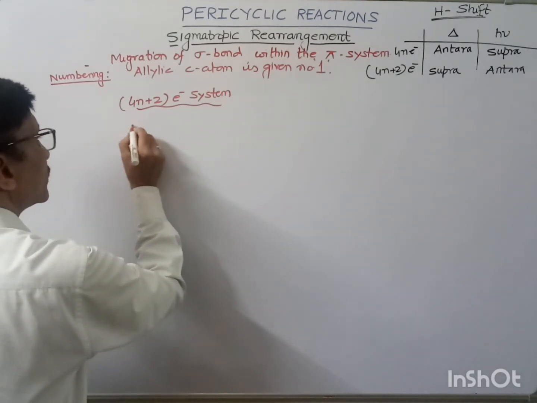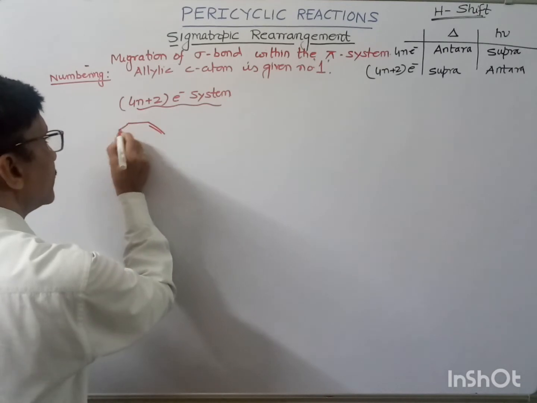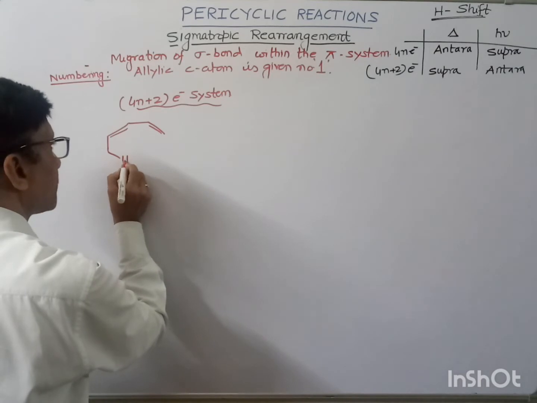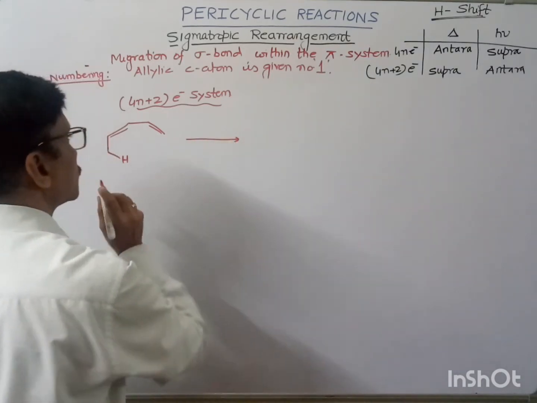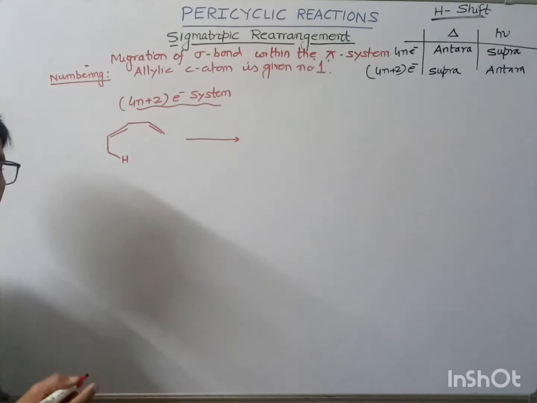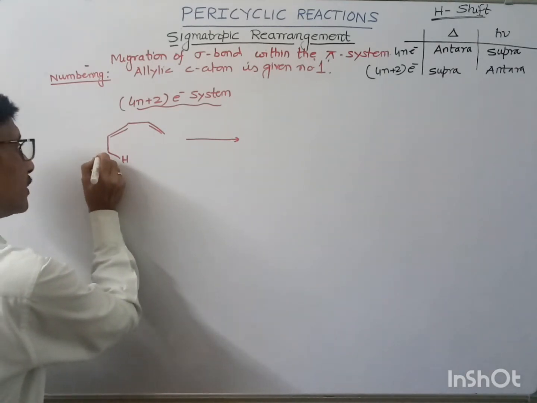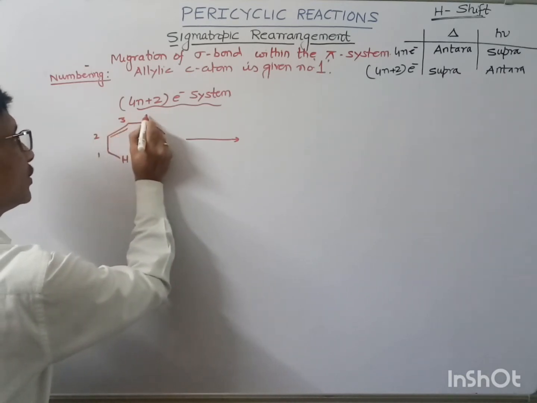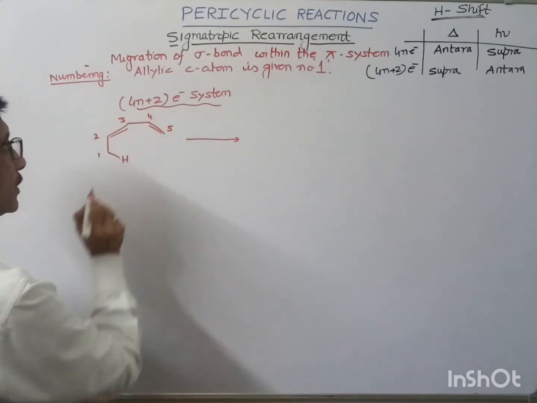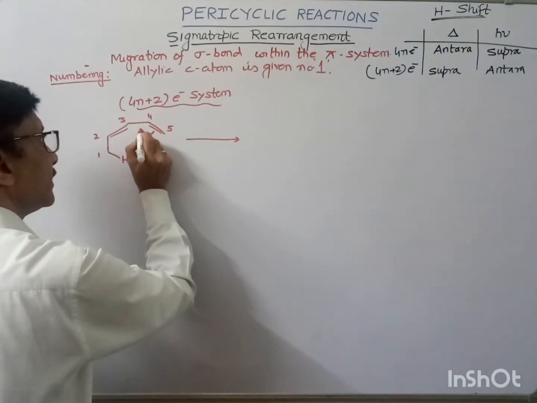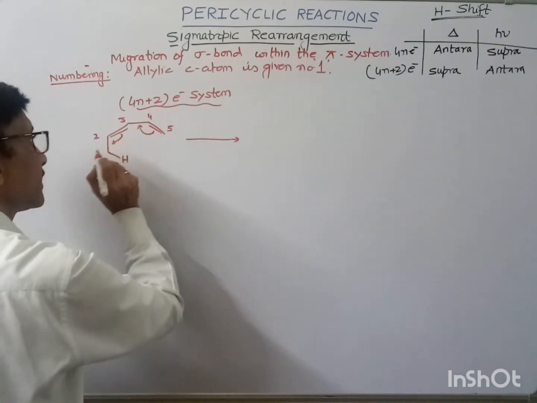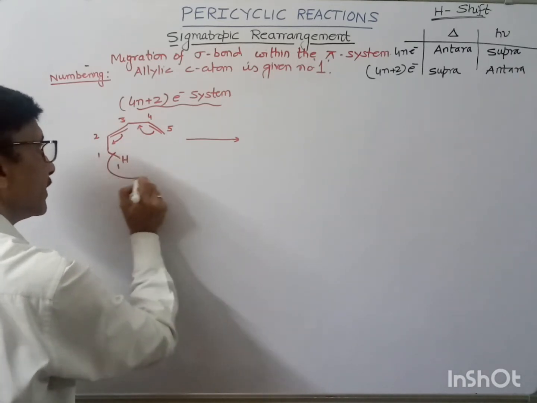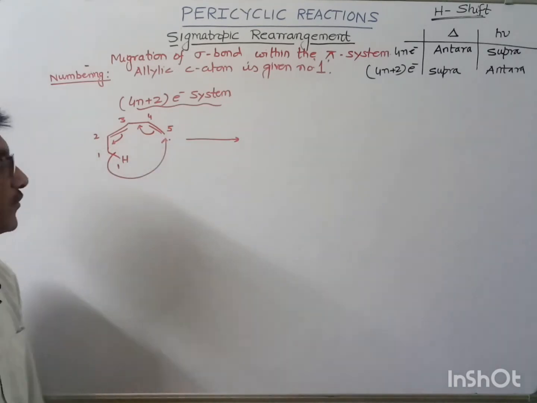So if you have a 4n plus 2 electron system, the migration takes place from the allylic carbon atom. So better we should do the numbering first. The allylic carbon is given number 1. This is 2, 3, 4 and 5. Now, in presence of heat or light, as it gains energy, a cyclic shift of electrons takes place, and this sigma bond will break and hydrogen will get shifted to the 5th position.